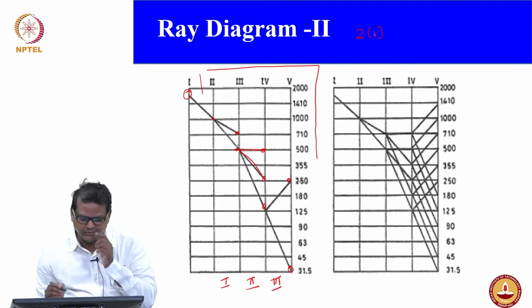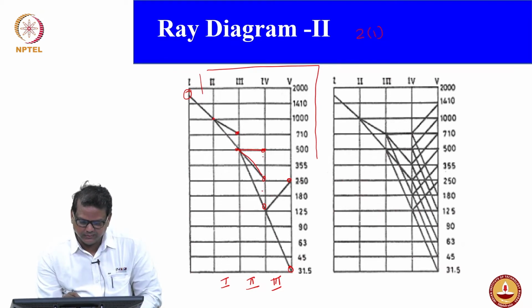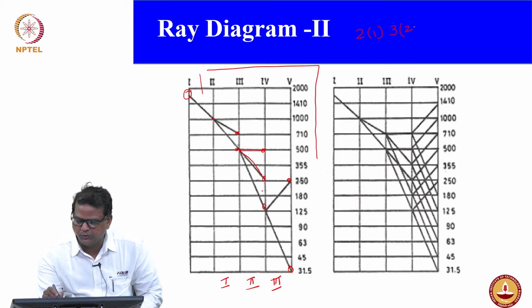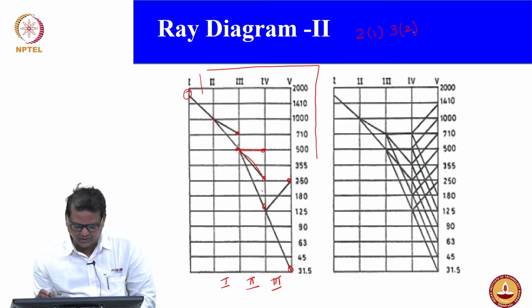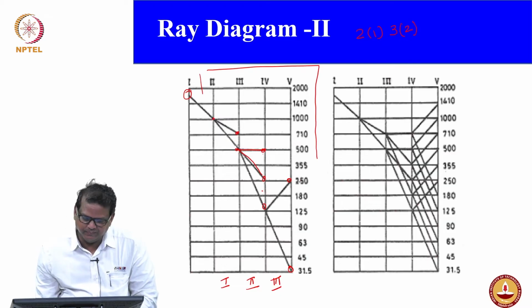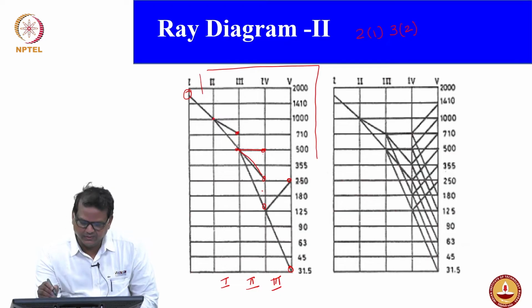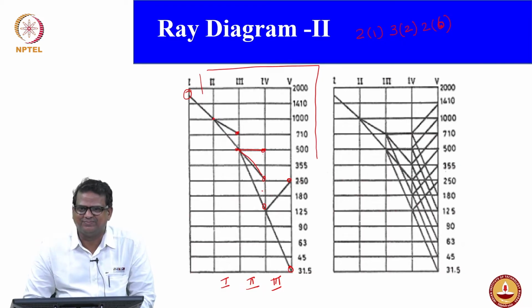Then 3 output speeds in the second stage, so 3 of 2, input from the first stage. Finally, you have 2 outputs, which should give 6. This is the structural formula, you can make it out from observation.